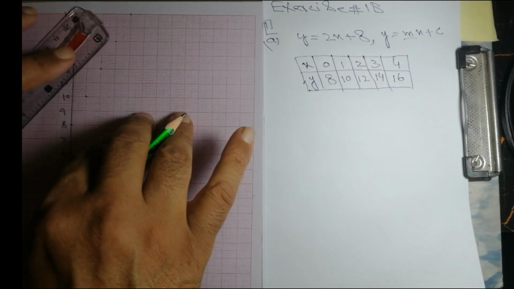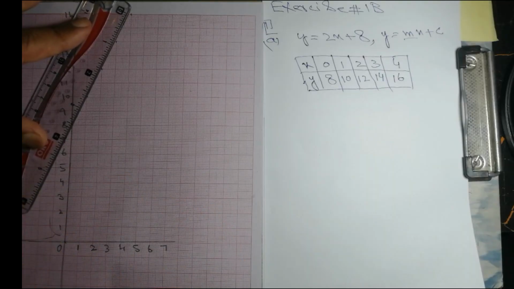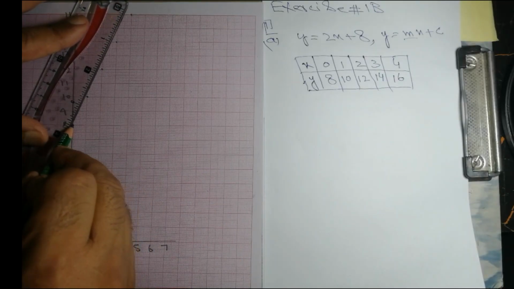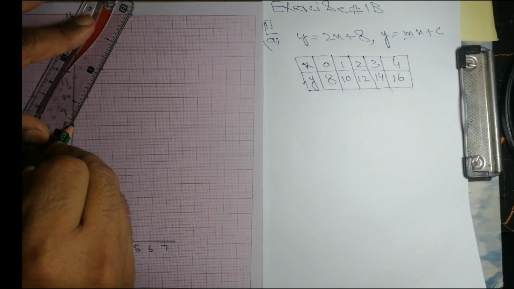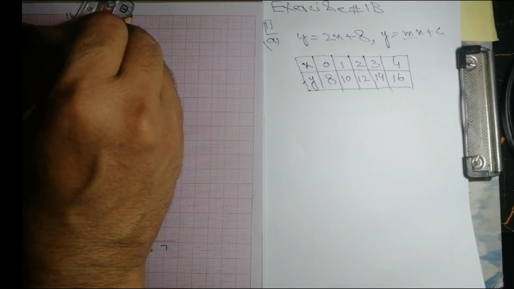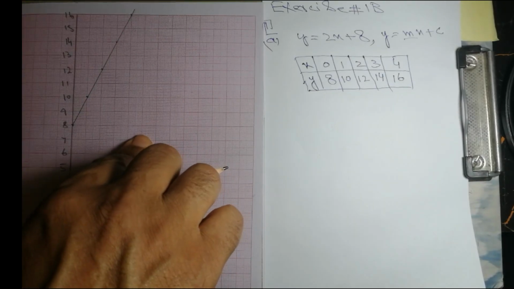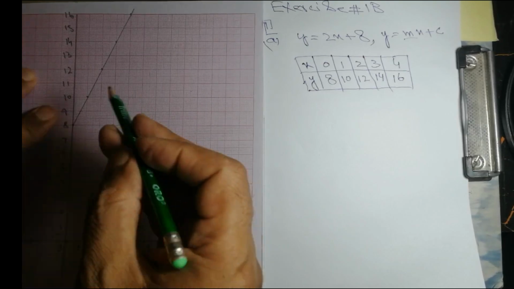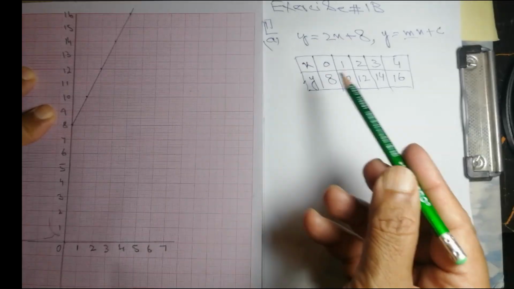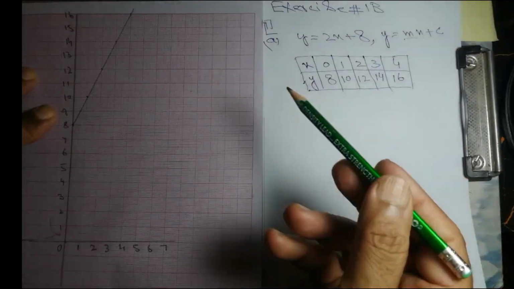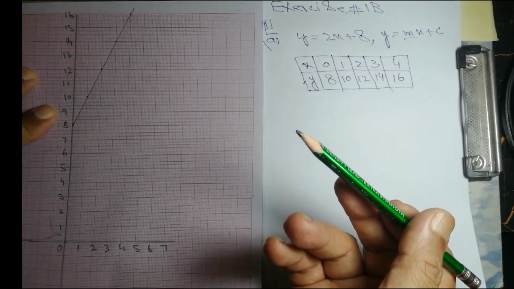So I plot all the points here. Then draw the line which passes through them. You can see this is a straight line, and it is passing through all the mentioned points. So this is the graph of the equation of a straight line.